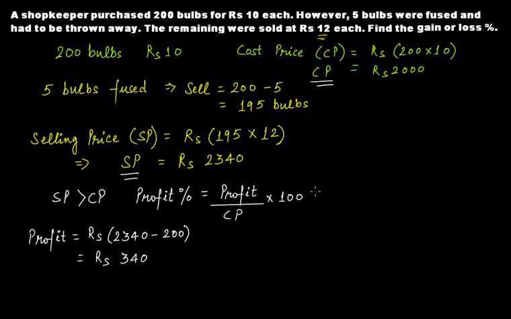So you put this value here, you get 340 over the cost price, which is 2000, multiplied by 100. So these two zeros get cancelled, and your answer comes as 17%. So this is your profit percentage when you sell 195 bulbs at rupees 12 each.